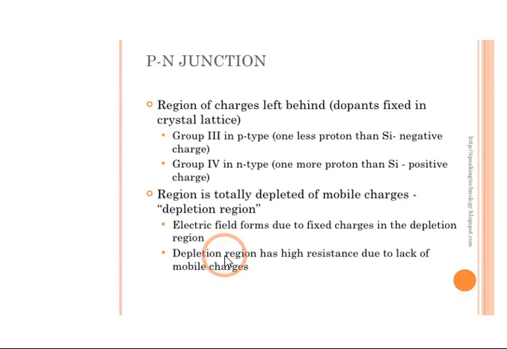The region on either side of the junction therefore becomes completely devoid of any charge carriers. There are no charges in this region, and it is called the depletion region or depletion layer. This electric field forms due to the fixed charges in the depletion region. The depletion region has high resistance due to the lack of mobile charges.